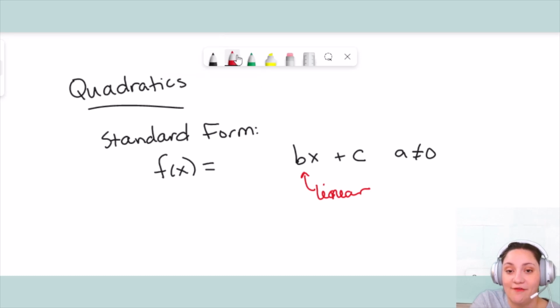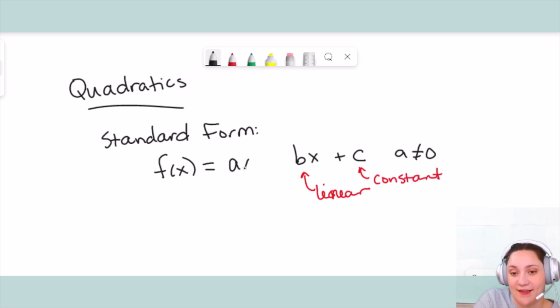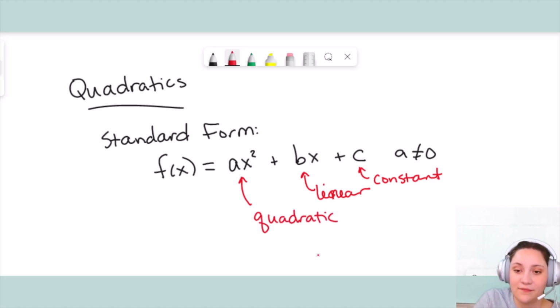And if we didn't even have that, if we only had the constant, it would just be a constant function. But in this case, for the purposes of this lesson, we're looking at terms that do have that x squared term, which makes it a quadratic. So remember, this is our standard form. We have the x squared term first, then the x term, and then the constant term.